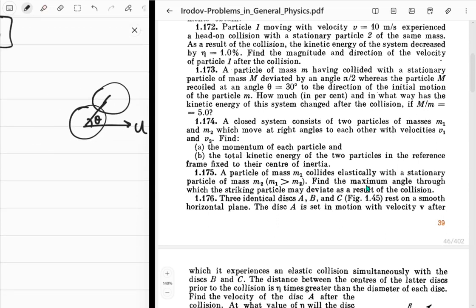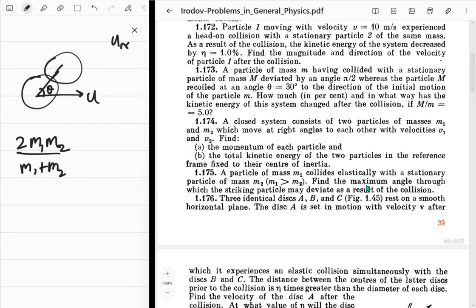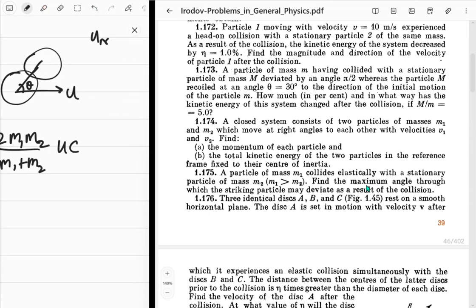Now let's use our formula. The momentum will just be 2m1 m2 upon m1 plus m2, times u1 minus u2. Well, u2 is just 0, so it's going to be u normal, which is u cosine theta.